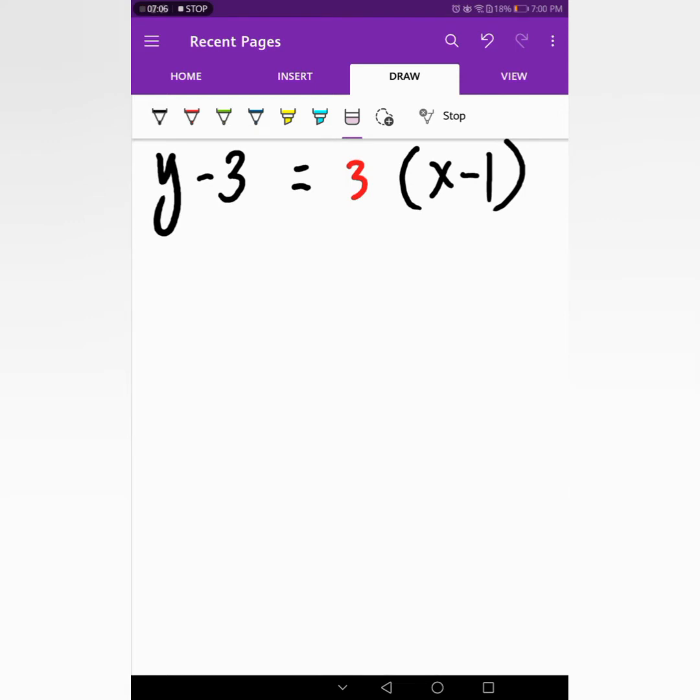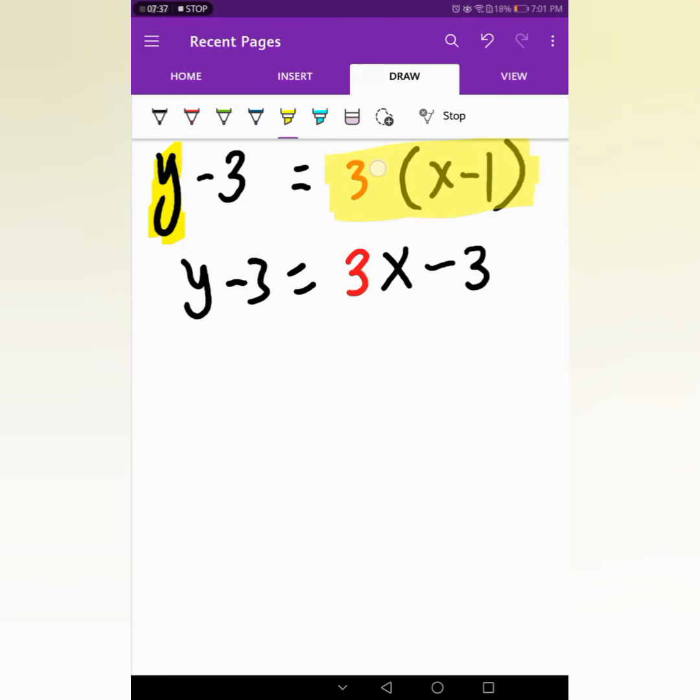Now break the parentheses, my dear student, by using Ali's story. Ali must visit the home and must visit the farm. It equals y minus 3. He asked me to write the equation in slope intercept form. Because of that I have to break the parentheses and make the y alone, but I cannot until I break the parentheses here. This is what I did here.